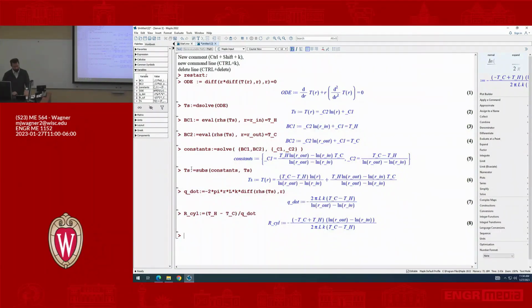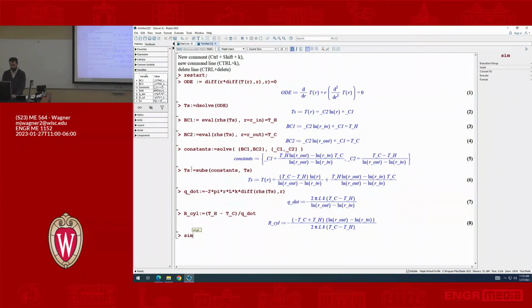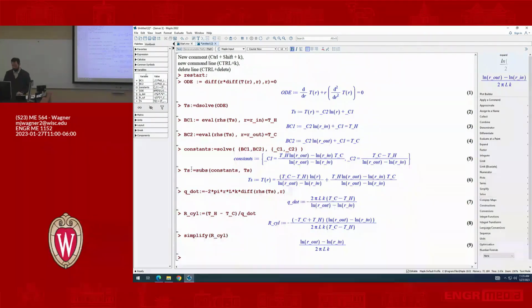That sort of looks familiar, but it's not quite like what you're used to seeing, right? If you go to a resistance formula table, it's not quite right. So let's use the command simplify. I'm going to simplify our cylinder, and hopefully we see something pretty familiar, right? So if you look at a cylindrical resistance table, remember what the resistance is. It's ln of R out over R in, which is exactly the same thing as ln of R out minus ln of R in, right?